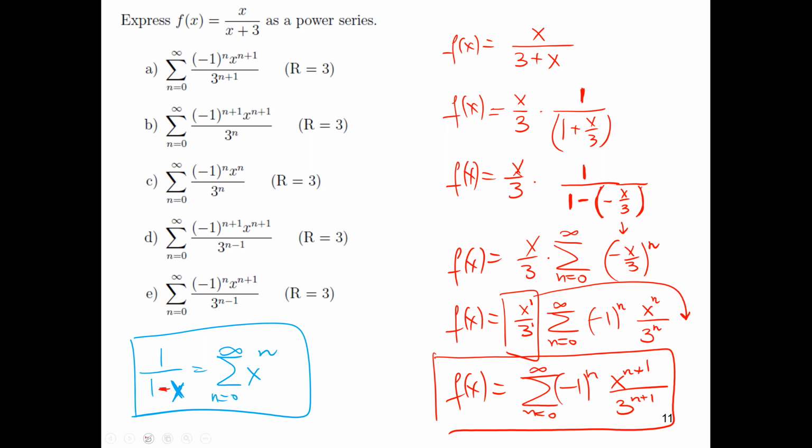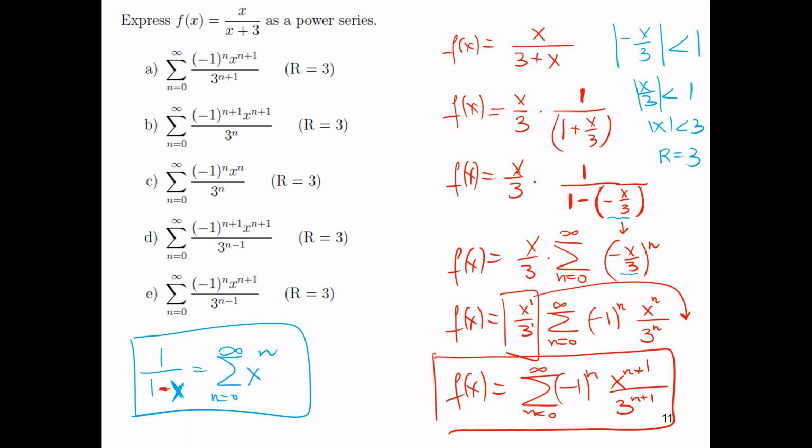We can still try to look really quickly for the radius. That part, or maybe this one, which is -x over 3, must be less than 1. We can ignore negative, we can multiply by 3, and we can see the radius is 3, because x must be between -3 and +3.